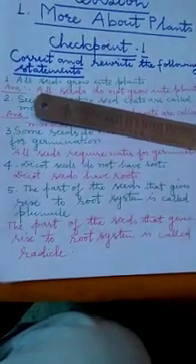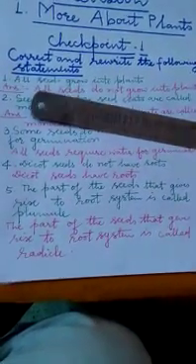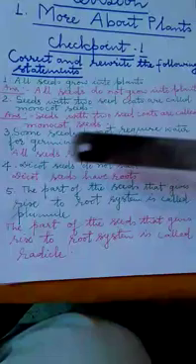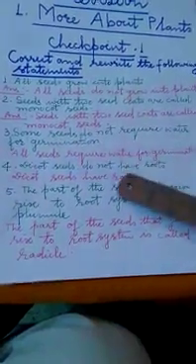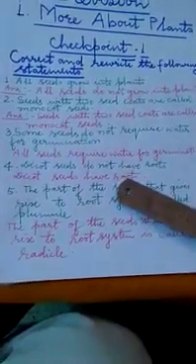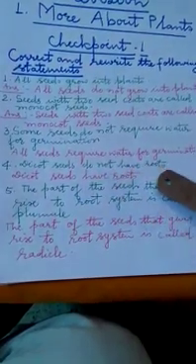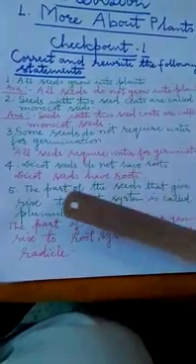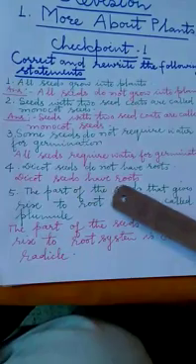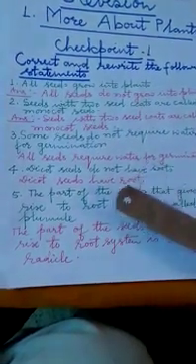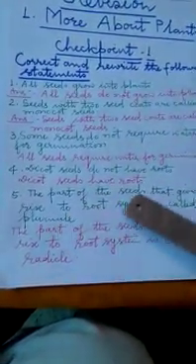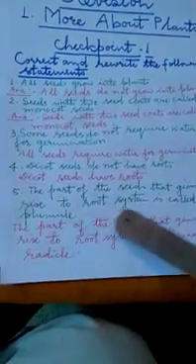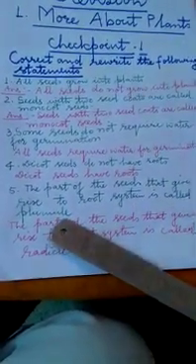Next, dicot seeds do not have roots. That is a wrong statement. We have to correct it: dicot seeds have roots. And the part of the seed that gives rise to the root system is called plumule.